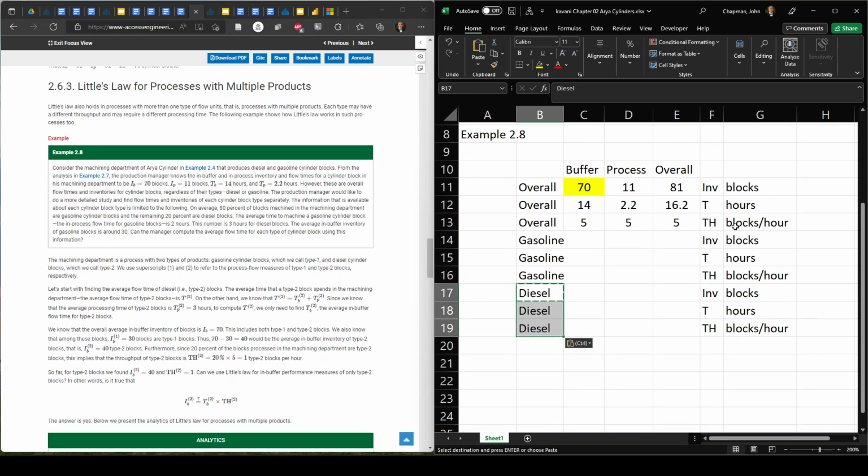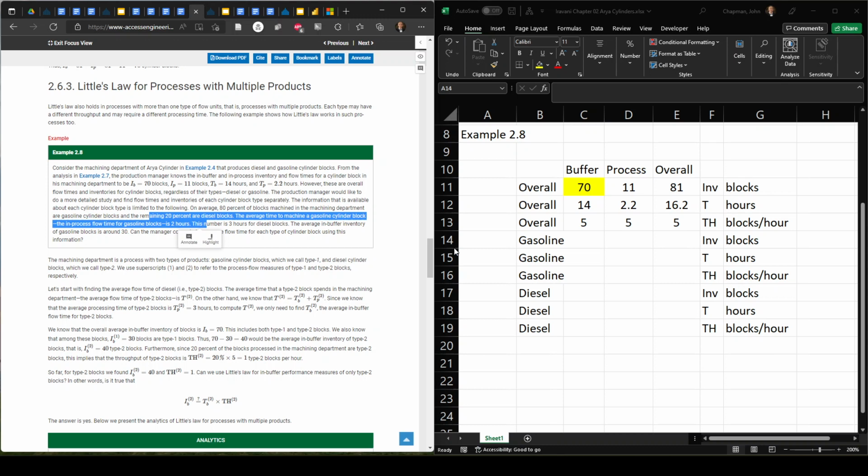And what is the distribution for these 2 different products? I believe they said 80% of blocks machined are gasoline blocks and 20% are diesel blocks. So I'm going to put in here 80% for gasoline, and I'll just do 1 minus the 80%. Whoops, let me get an equals for our 20% of diesel blocks.